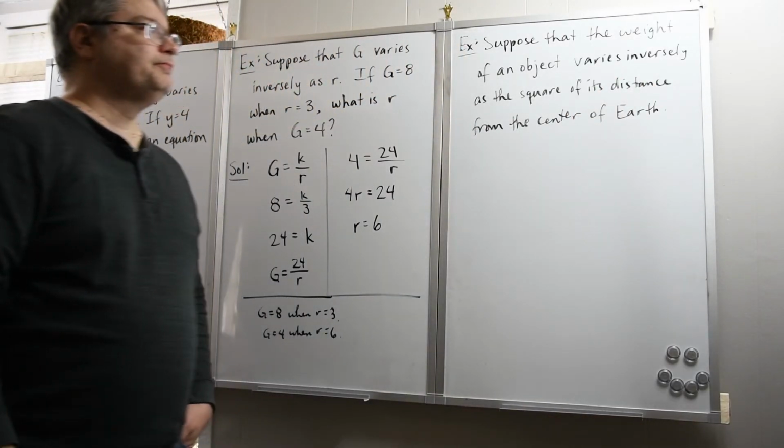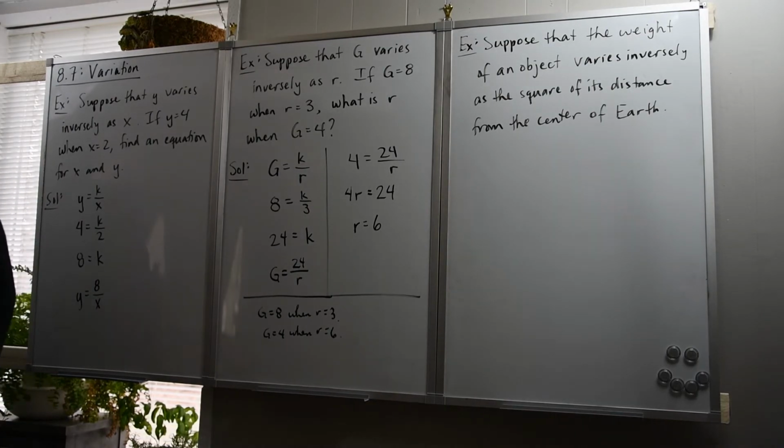So once again, the weight of an object varies inversely as the square of its distance from the center of Earth. So let's suppose that you have an astronaut that weighs 180 pounds.